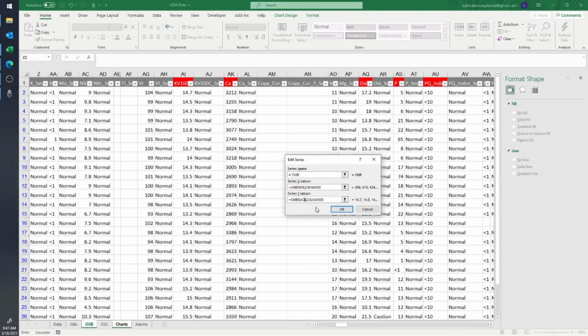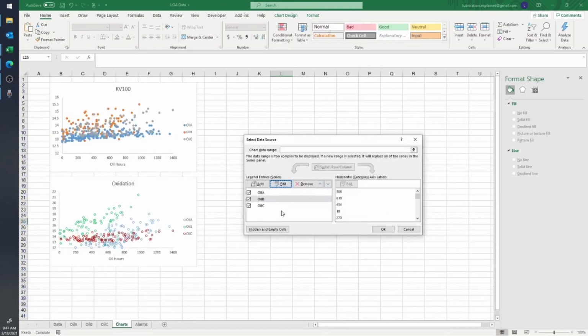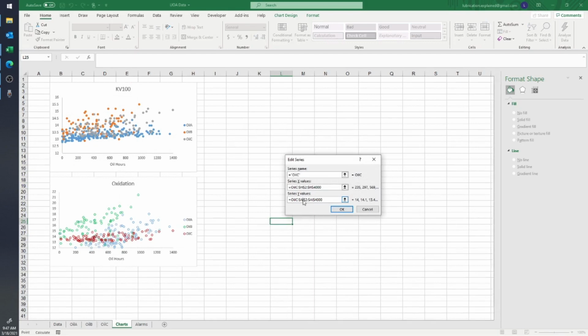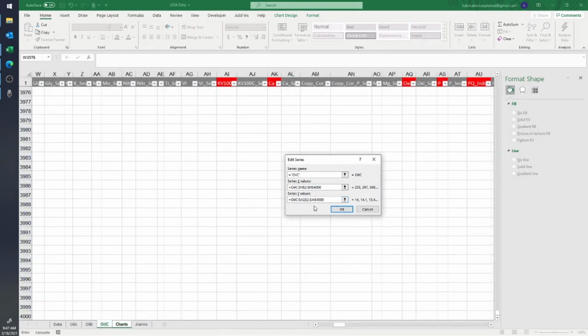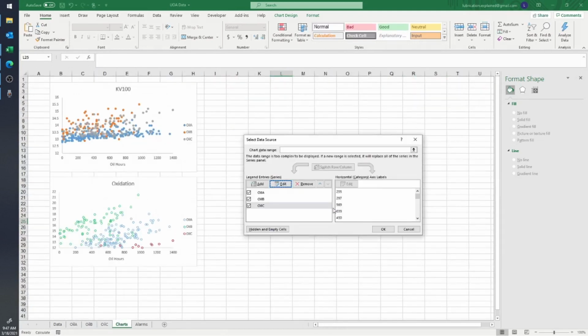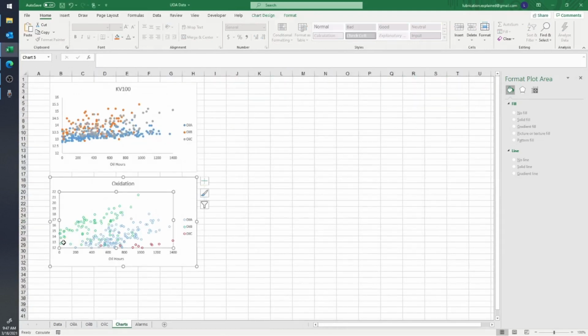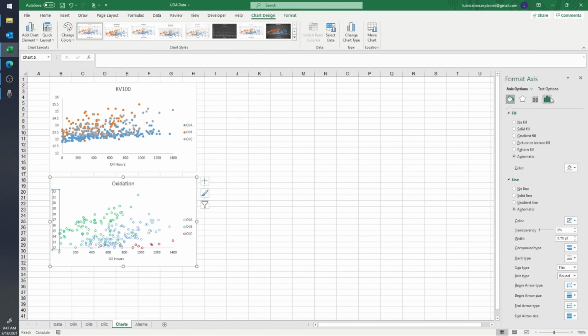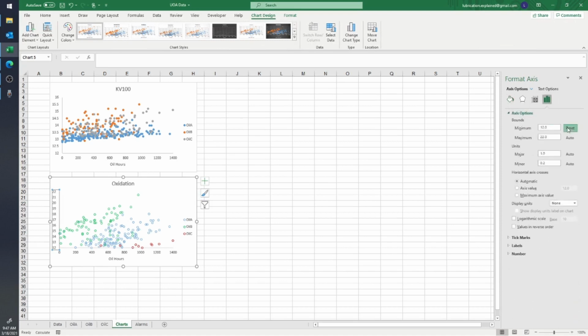And I'll do that on all three of the different data sets. I am going through this pretty quick, but again, if you need to, you can pause. I'm going to resize this axis because it no longer has a minimum of 12, and there you go.